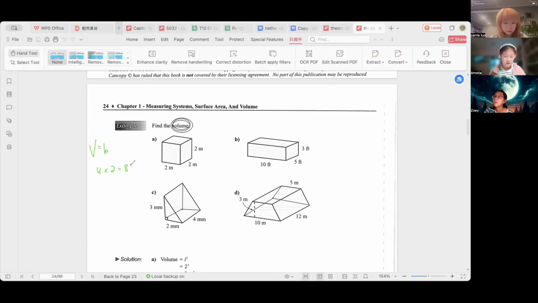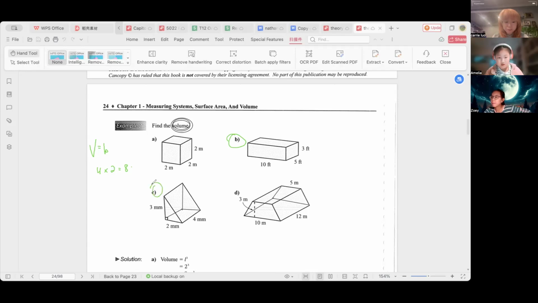Yeah, I think I replaced the height with 2 bases. So you know where you make mistakes, right? Okay, number B. So Zoe, what is the answer? For number B, I got 150. Same. Okay, very good.